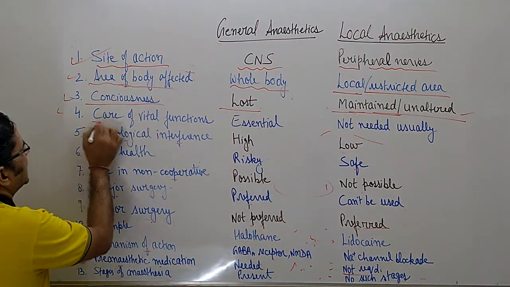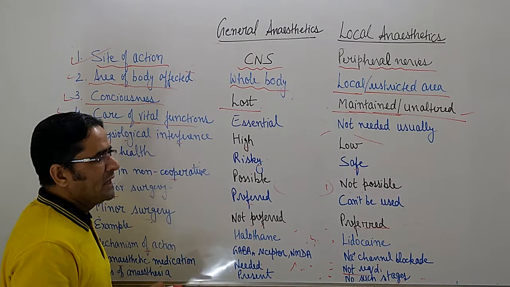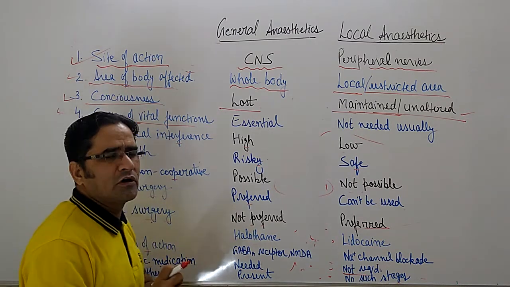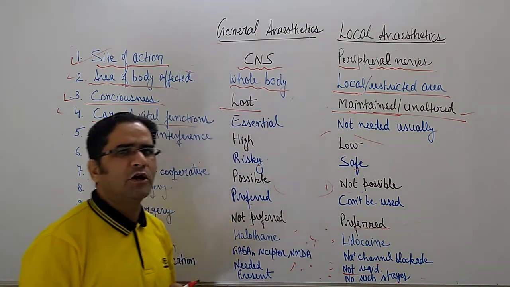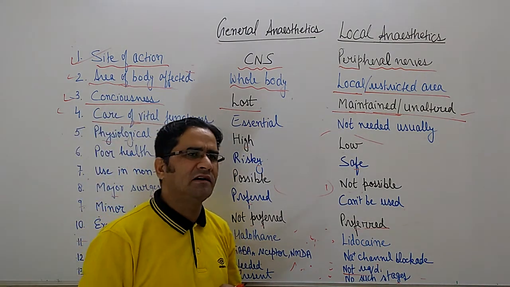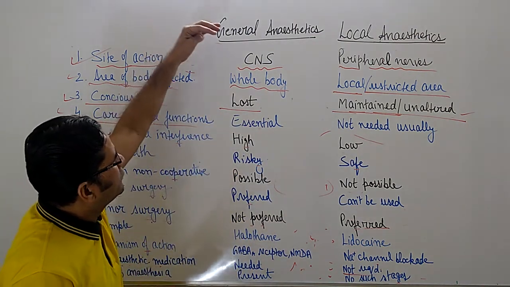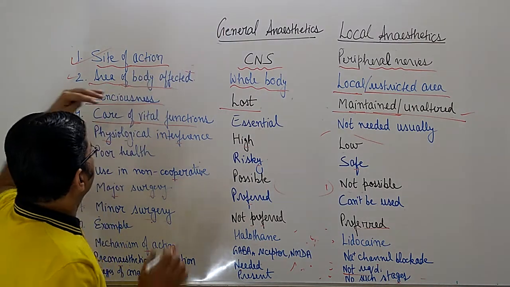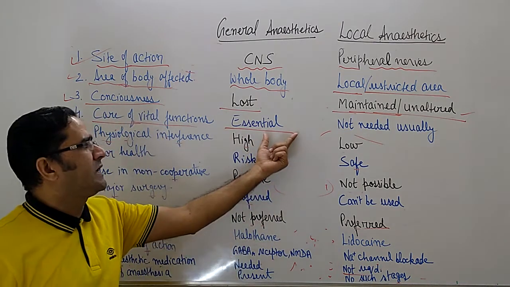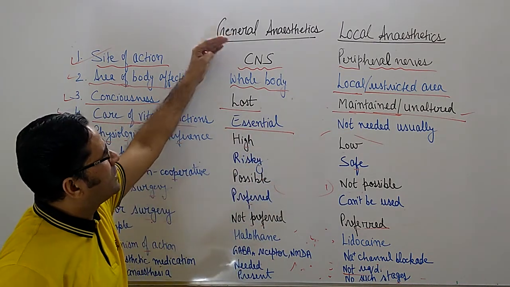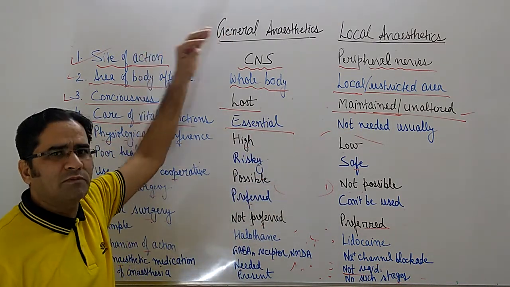Fourth part, care of vital functions. Care of vital functions means we are talking about the heart, the respiratory parameters, the blood pressure and other things. If we are using general anesthetic, all these functions are very essential and should be carefully monitored, because use of general anesthetic is a very complex process.